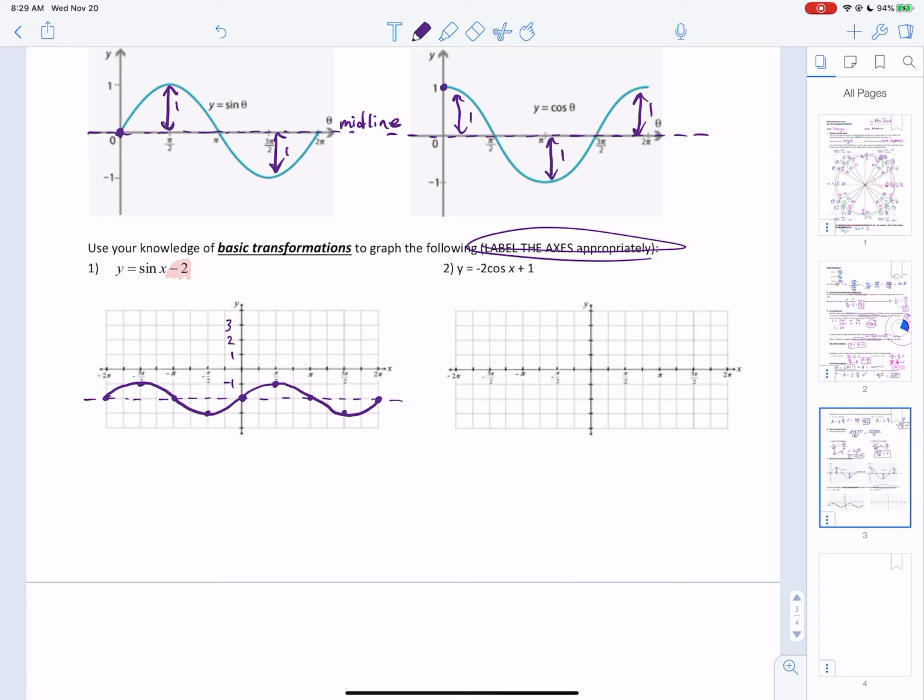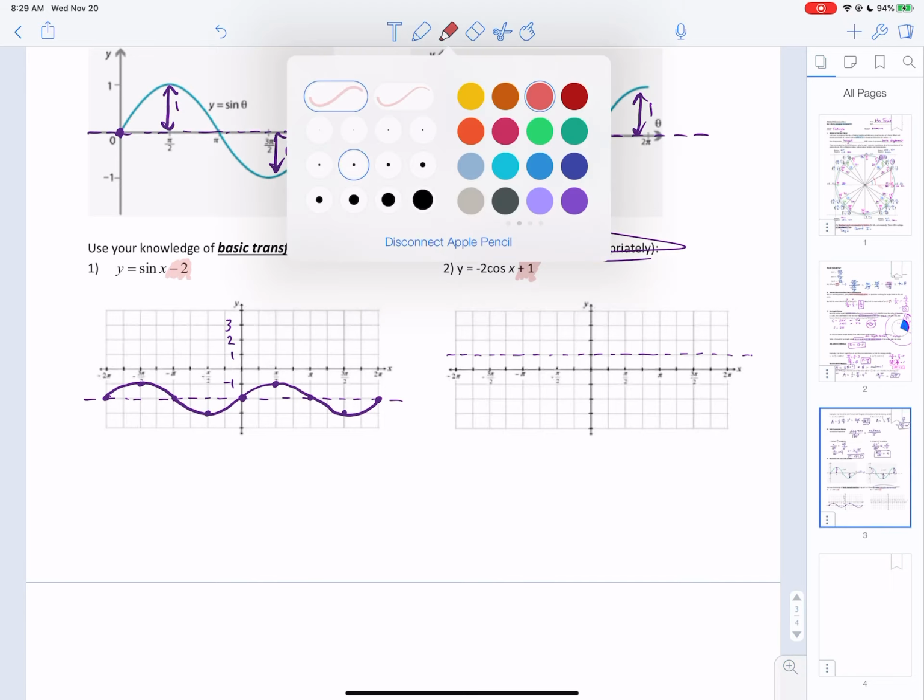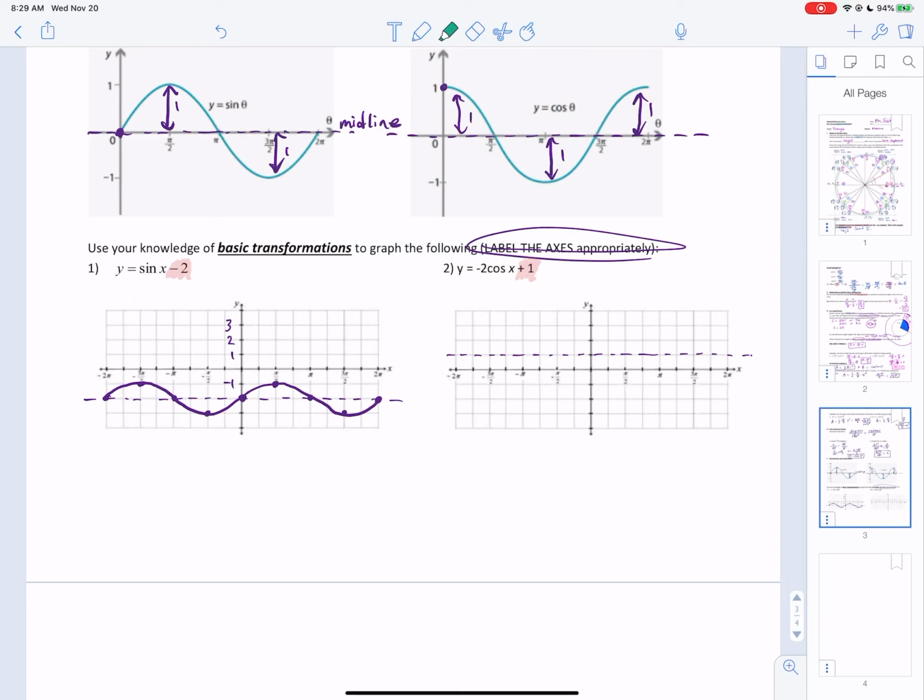All right, the second one, identify the midline. Right here, this +1 is going to be where your midline is. So you are going to make your midline at 1. In this one, this 2 right here is going to change how far away you go from the midline.